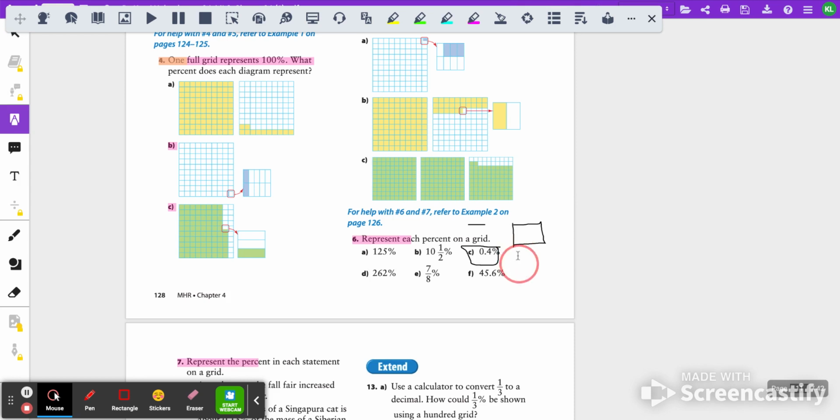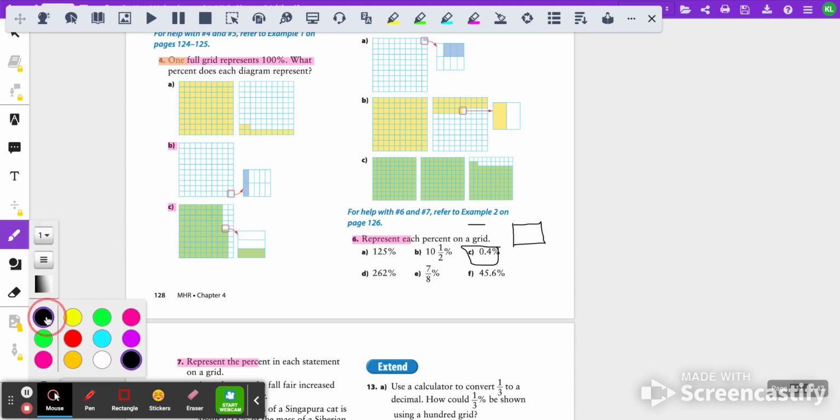So it's the same as saying 4 out of 10, because I look at place value. Make sure you're using your place value charts in your interactive notebook. So 0.4% is a tenth, is the same as saying 4 out of 10%.